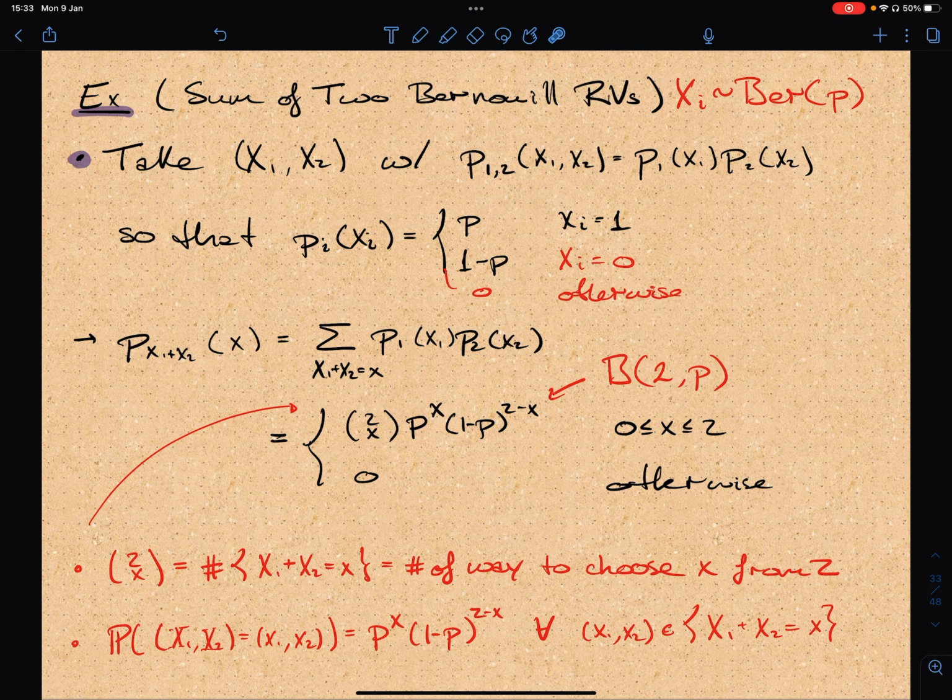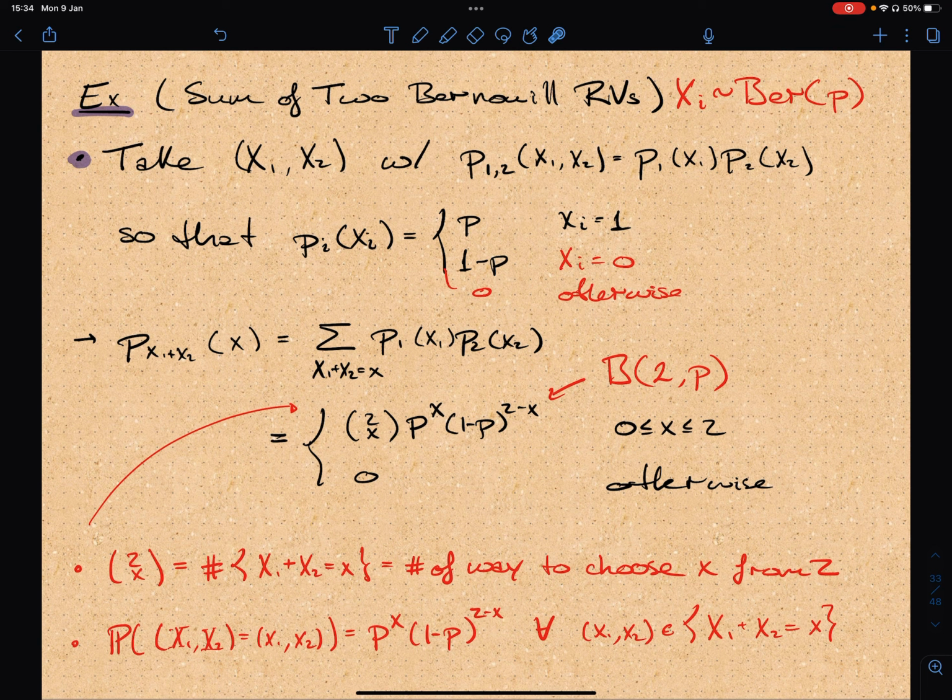computation is that this event, x1 plus x2 equals x, has 2 choose x elements. So this is the number of ways to choose x heads from 2 coin flips.